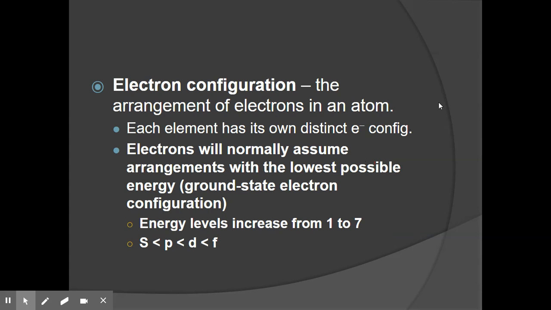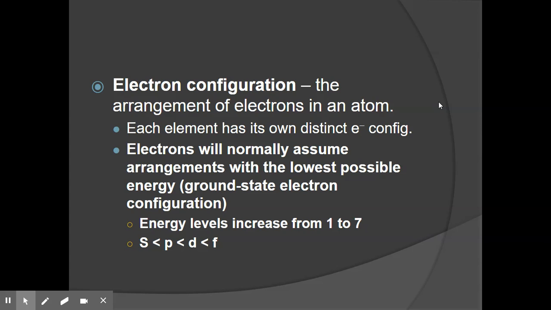So when we write an electron configuration, what we're doing is showing the location of all of the electrons in the element in their respective orbitals. And the rule is that elements like to assume the arrangement that has the lowest possible energy, which is called ground state configuration.